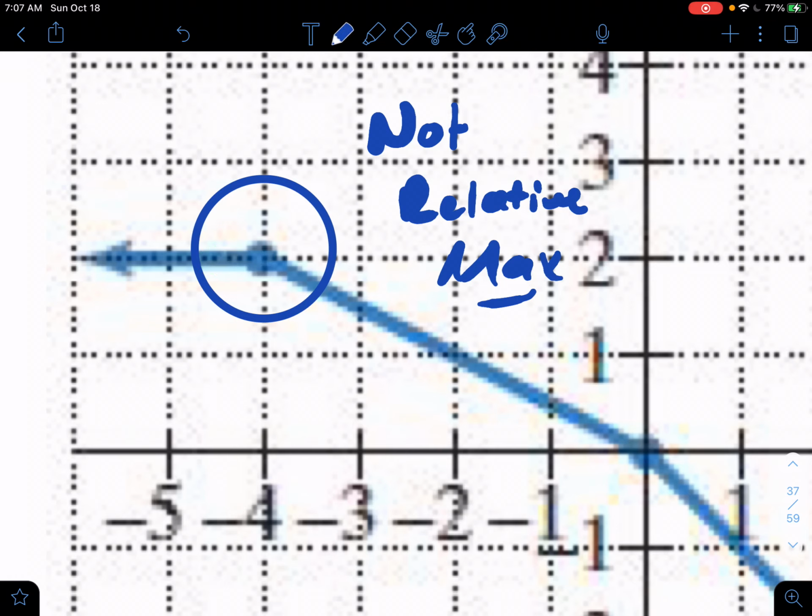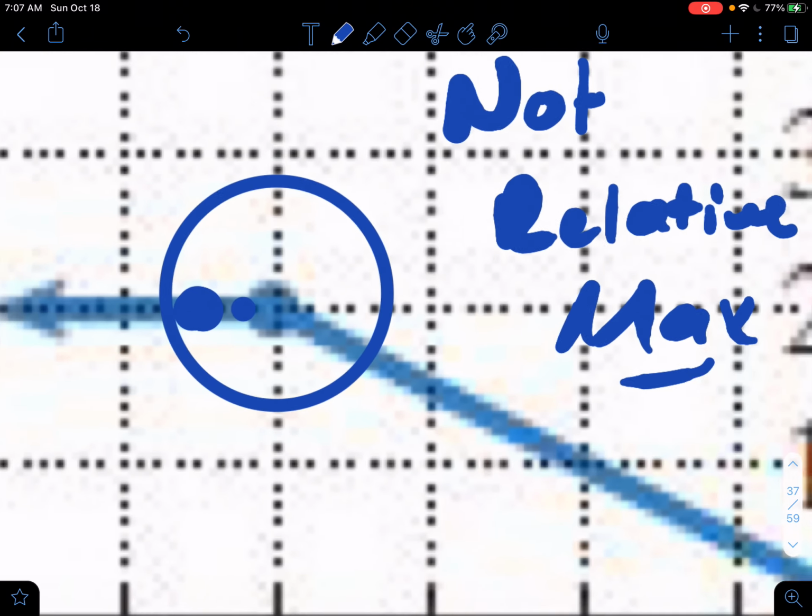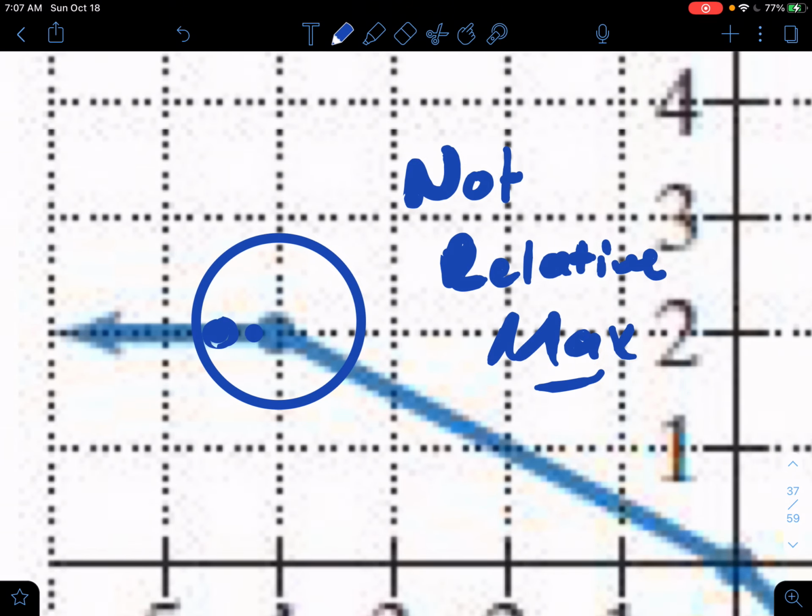So all of these are just points. Now, in order for something to be a relative max, when you zoom in really close on that spot, that is the high point. And in this situation, this point would not be the high point because right next to it, we have a point that is equally as high.